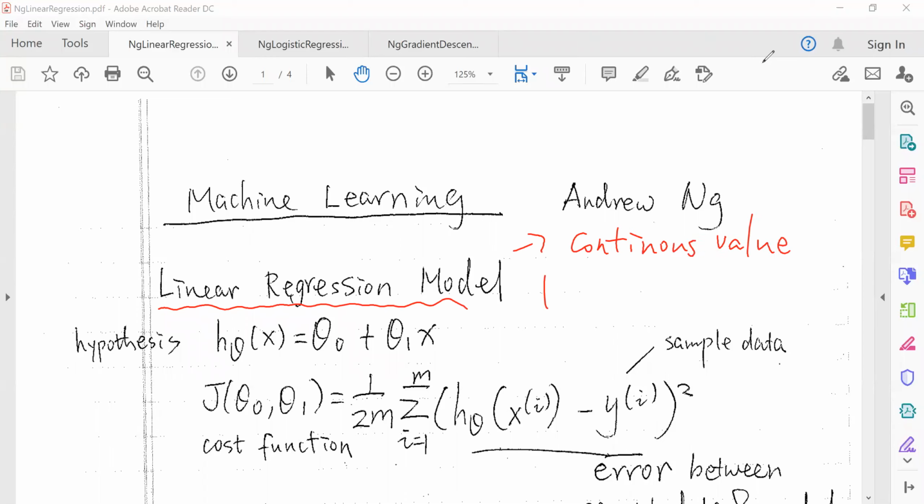So it's to predict a continuous value regarding X and Y. You have the X value, you predict what the Y value is. So this is not a classification.